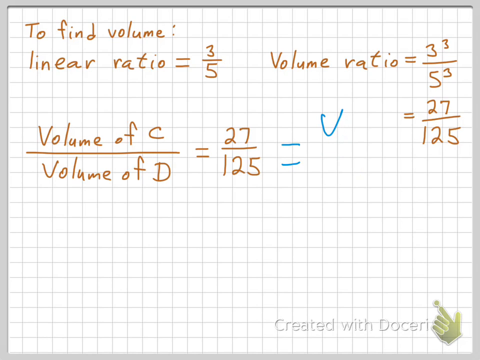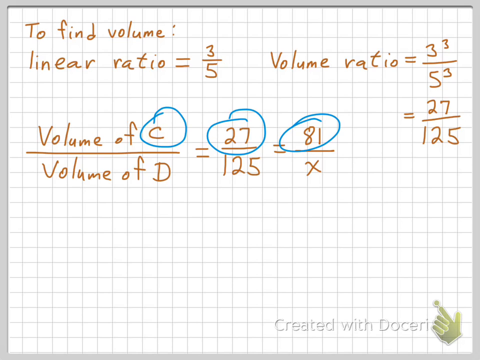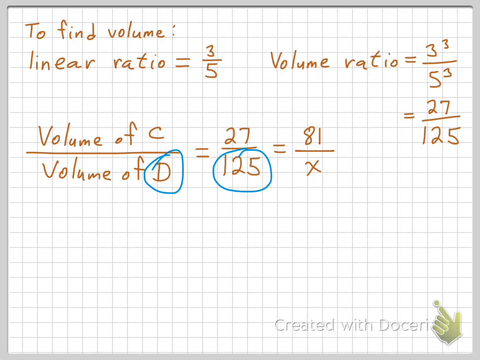Everything on the top has to do with C. Everything on the bottom has to do with D. Everything in the numerator has to do with cube C, and everything in the denominator has to do with cube D. That's why you put the 81 here in the numerator, and this x, this unknown, in the denominator because it's the volume of cube D. Okay? So this is my proportion.